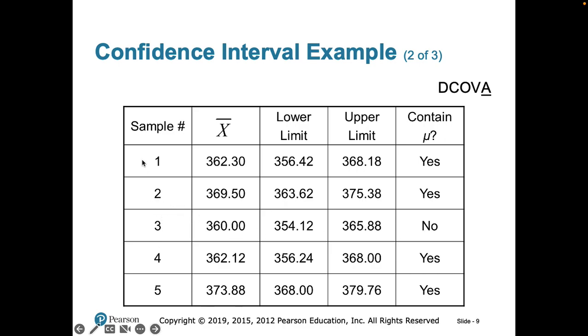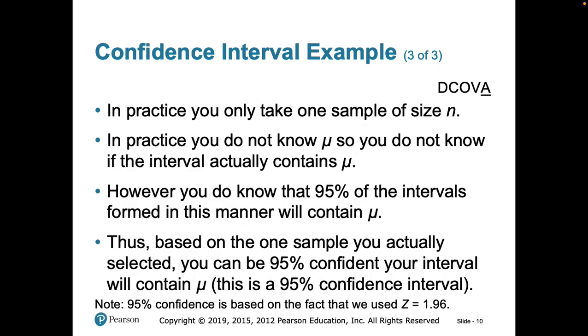In this case, you have 4 out of the 5 examples that contain the mean for the population, but there is one that does not, and that is the 5% that is the alpha, the 5% chance that it could not contain the mean. Now, in reality, you only take one sample, right?